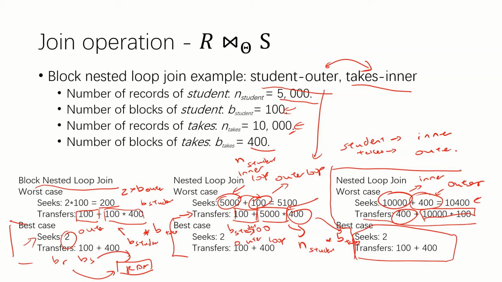Good. Then I leave it to you all to calculate which one is greater and which one is smaller between this and this, and how long each will take if we want to know the seek time or the transfer time.